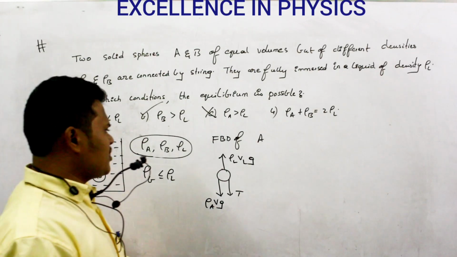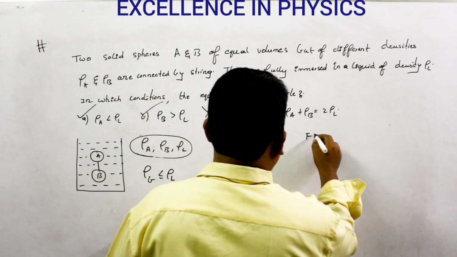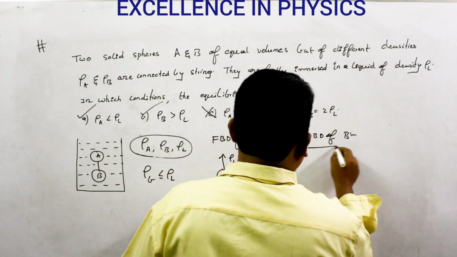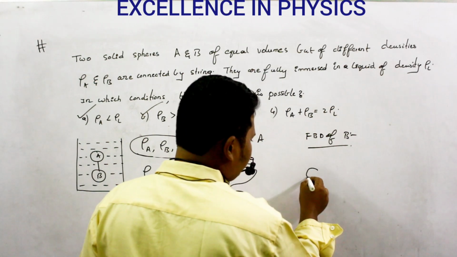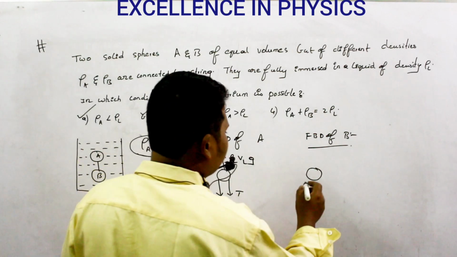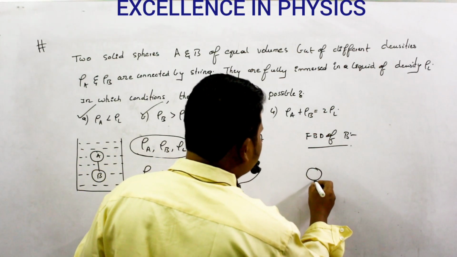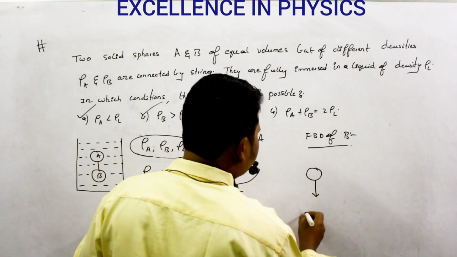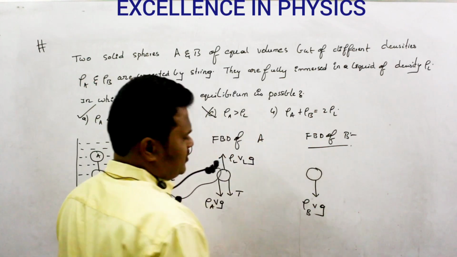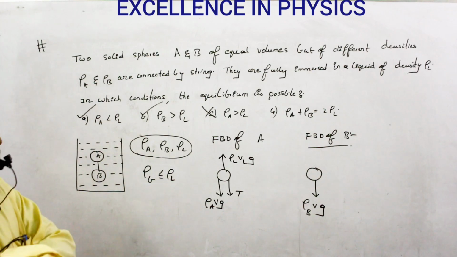Similarly, let us draw the free body diagram of B. On this sphere B, how many forces are acting? One force, its weight, acts downwards, which is rho B V into g, since mass can be written as density into volume.